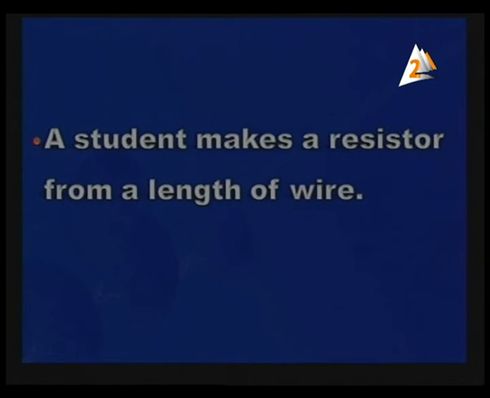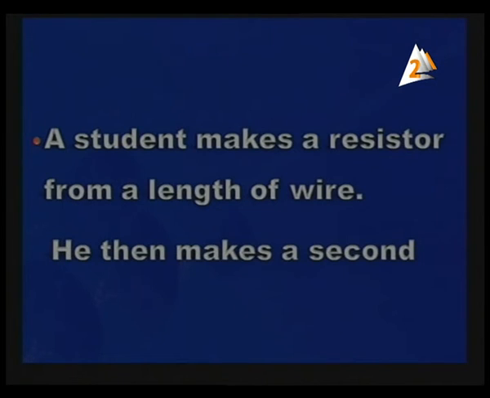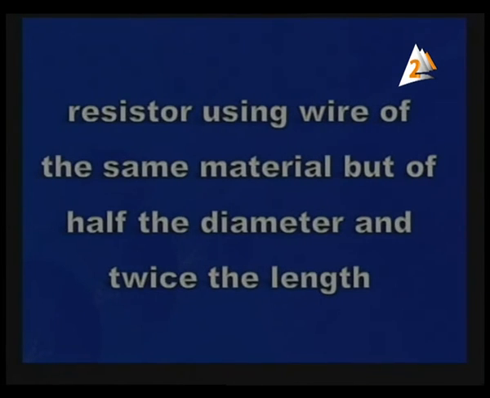A student makes a resistor from a length of wire. He used a length of wire to make a certain resistor. He then makes a second resistor using wire of the same material. Same material means same resistivity, but of half the diameter and twice the length.